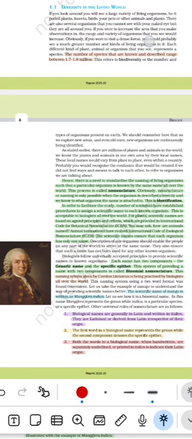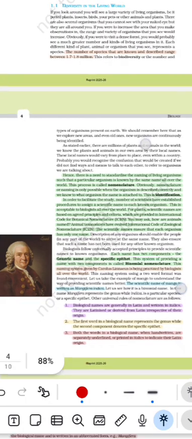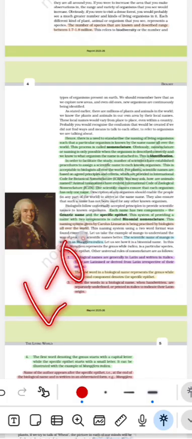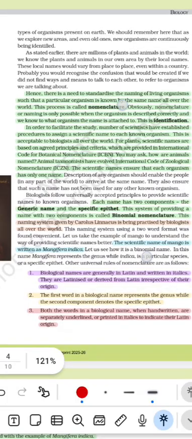When we complete this chapter, we will discuss and practice this topic from MTG NCERT Fingertips. So let's start our lecture number 2.